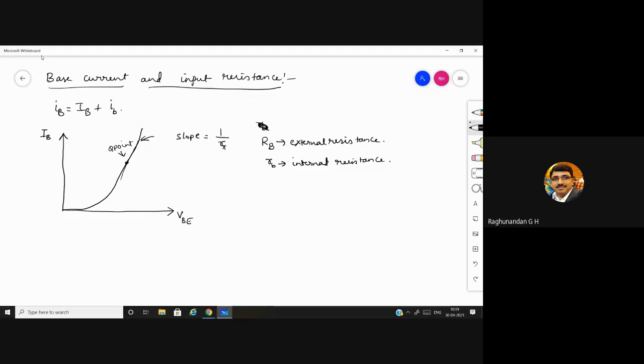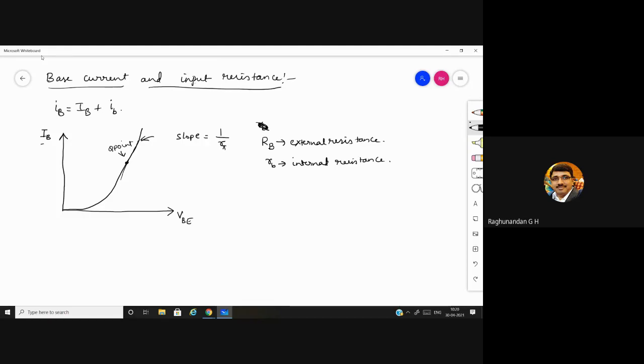You might be confused: there he told small letter indicates AC, and here he is telling it is the internal resistance of the transistor. If you write both capital letters, then it is the external resistance which you are connecting externally. If you take a 10 kilo ohm resistor and connect it, that is the external resistance, and you have to write it in capital letters. If inside the transistor it has some resistance, that is indicated by small letters r_b.